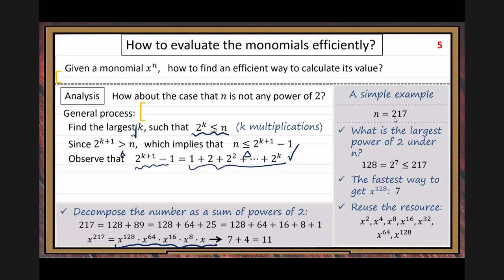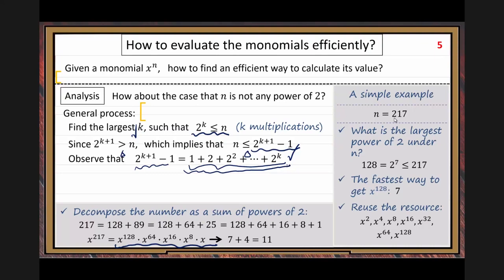From that, we know this is the largest number that n can be. n can only be smaller than or equal to this number; n cannot be larger. That means if we use our already calculated powers of 2, we can make n.